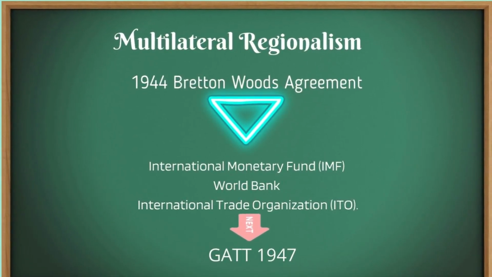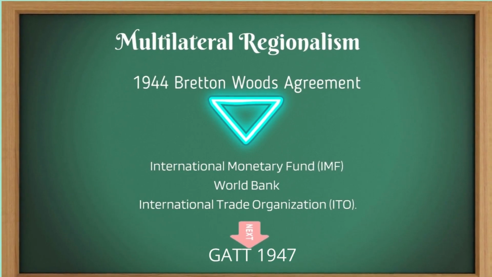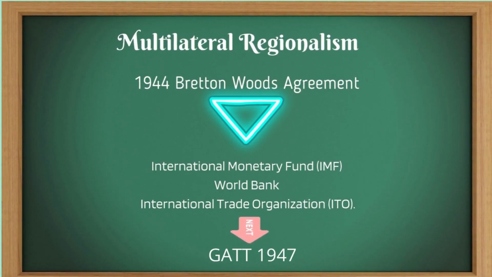With the United States and the United Kingdom emerging as economic superpowers following World War II, the two countries felt compelled to devise a plan for a more cooperative and open international system.